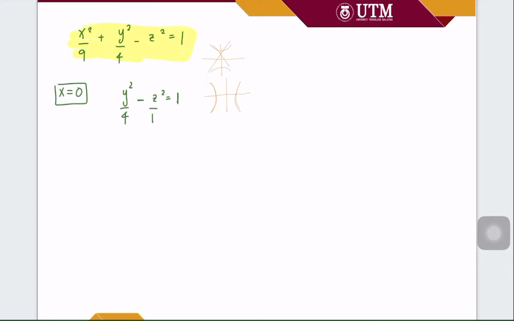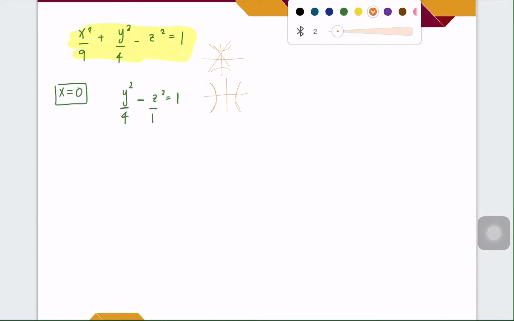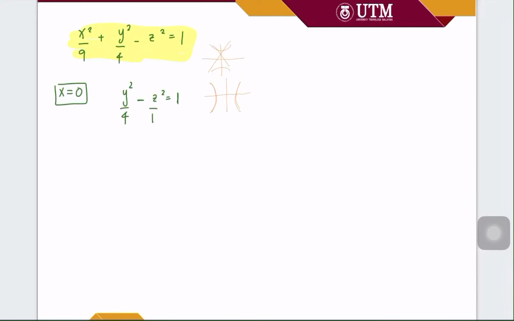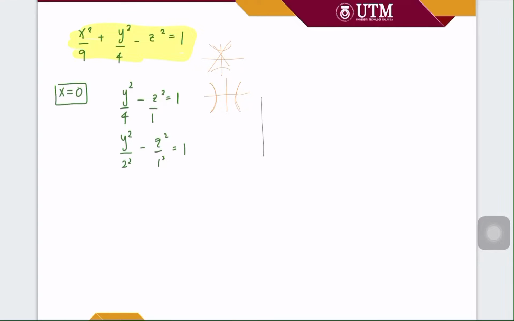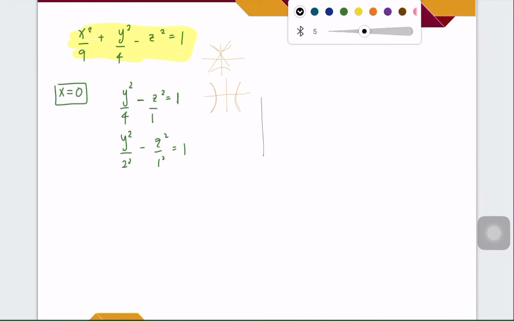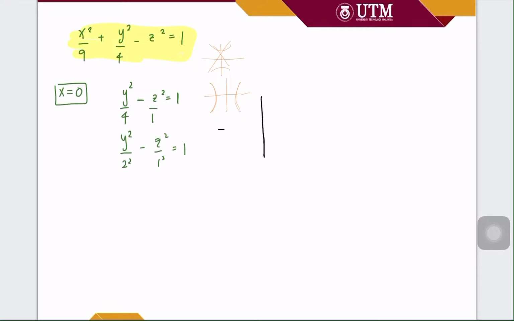Basically it's y squared over 2 squared minus z squared over 1 squared equals 1.